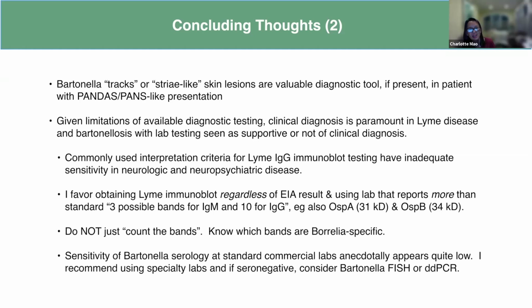So just to provide some practical tips, which I didn't really go into in detail in my presentation, I do think the commonly used interpretation criteria for Lyme IgG immunoblot testing, as I showed in several studies, has inadequate sensitivity in neurologic and neuropsychiatric disease. I favor obtaining Lyme immunoblot testing regardless of EIA results, and using a lab that reports more than the standard 3 possible bands for IgM and 10 possible bands for IgG.